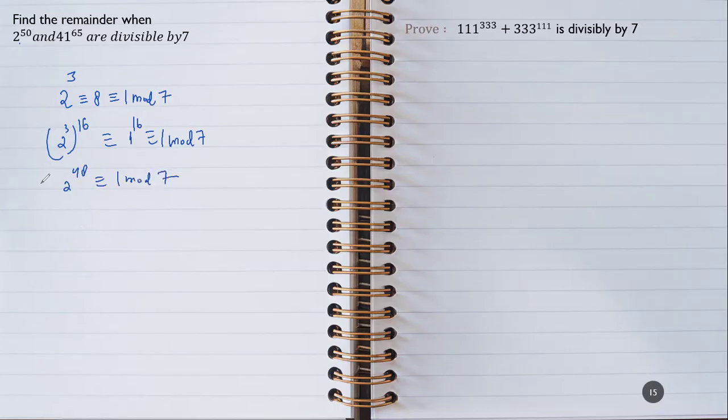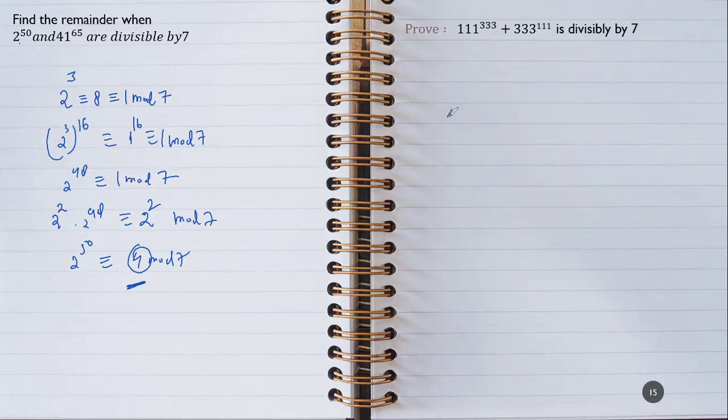And I have to multiply by 2 squared on both sides. 2 to the power 2 is 4, and 48 plus 2 is 50. So 2 to the power 50 is congruent to 4 mod 7. So we will get the remainder 4 when I divide by 7.